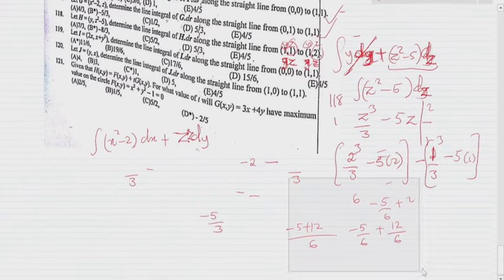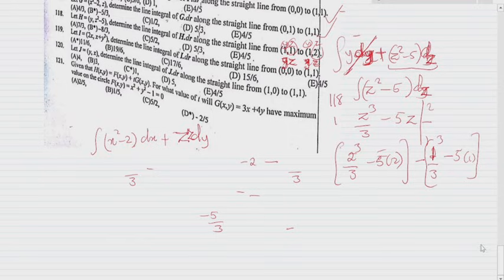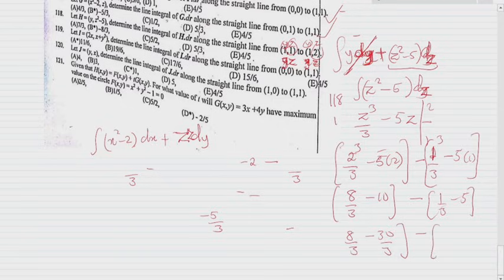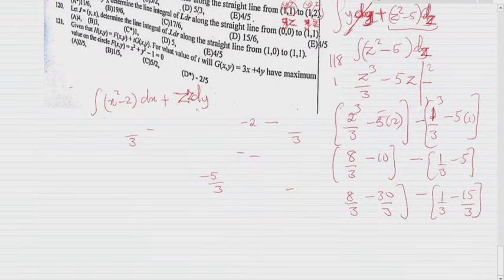So I believe this should give 8 over 3 minus 10, minus in bracket of 1 over 3 minus 5. 8 over 3 minus 30 divided by 3, that will give 10, minus 1 over 3 minus 15 over 3, that will give minus 5. So this will give minus 22 divided by 3 minus in bracket of minus 14 divided by 3.